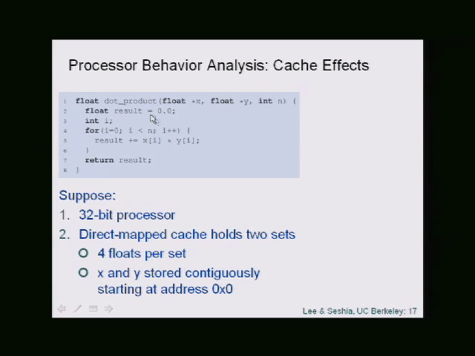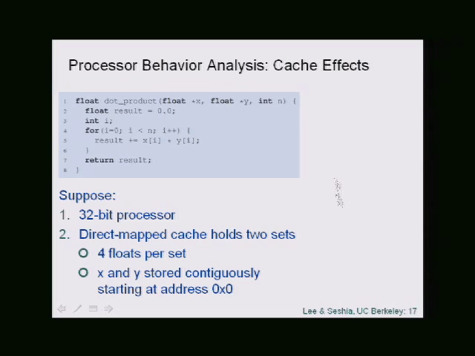Now let's think about what happens for this code for different values of n. Let's assume that this is running on a 32-bit processor. What that means is that a float is 32 bits.